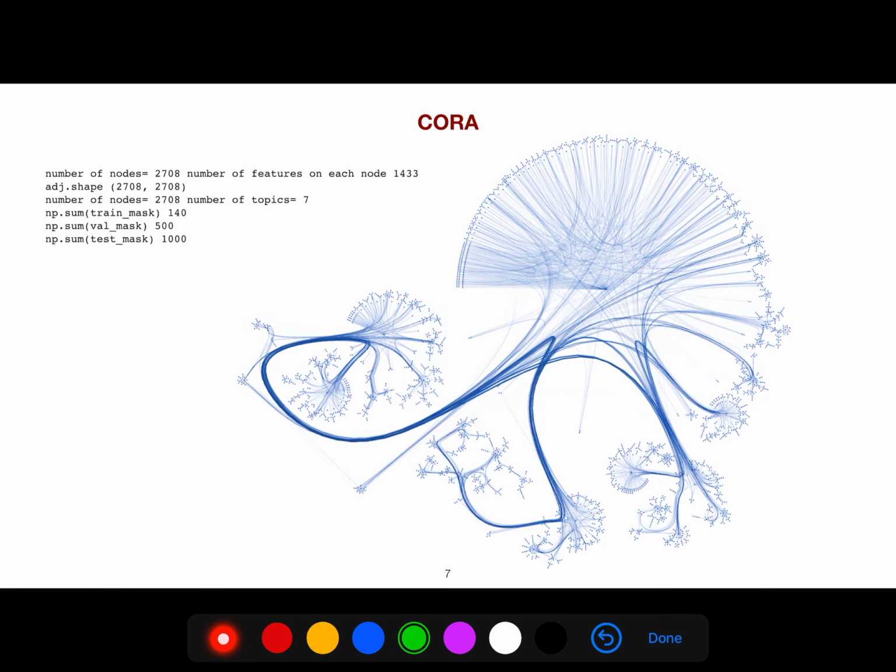And if you run my Google Colab codes, you will see that the number of nodes is 2,708, and the number of edges is this, and the number of topics is just 7. We have only 7 labels.